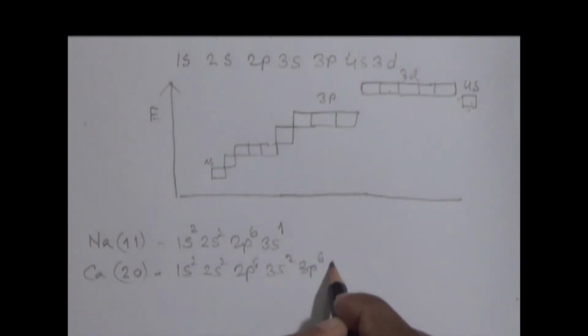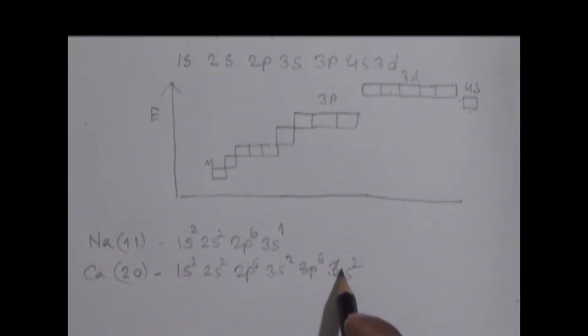This is the electronic configuration of sodium. If you want to make the electronic configuration of calcium, 20, 1s2, 2s2, 2p6, 3s2, 3p6, then 4s2, not 3d, 4s will come here.